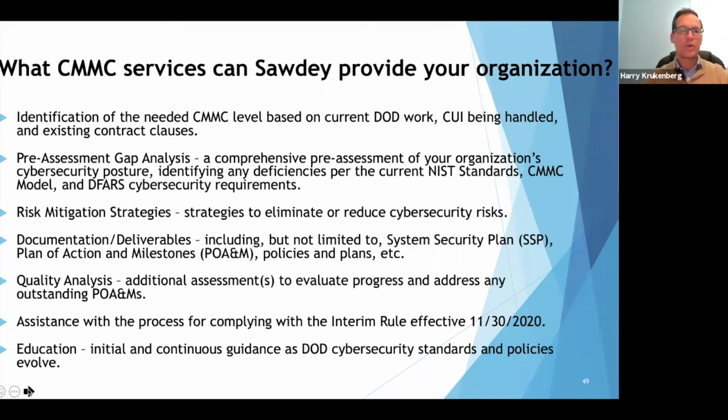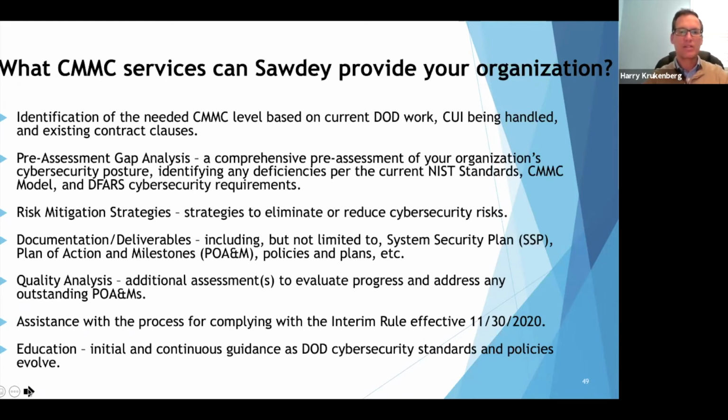We can help you with risk mitigation strategies, which are strategies to eliminate and reduce cybersecurity risks in general. And we can also perform a quality analysis to evaluate your progress as you go down your cybersecurity path to becoming certified.